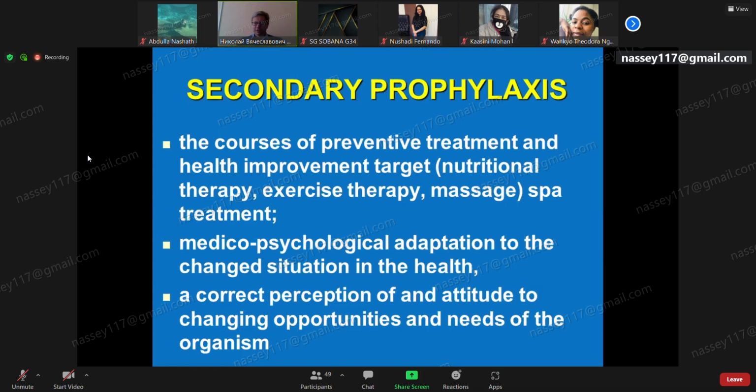Medical psychological adaptation to the changed situation of the patient's health, maybe development of some complication or progression of disease. Besides medical interventions, we should offer our patients also some psychological support.